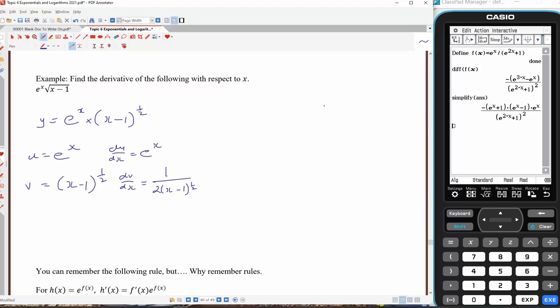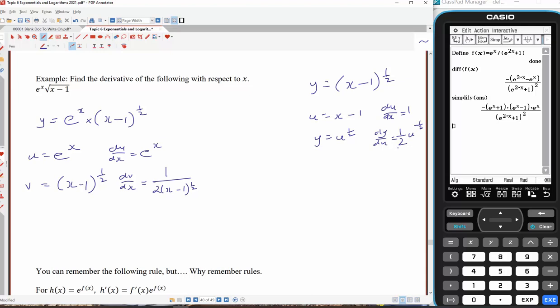All right, and if in doubt, y equals x take 1 to the half, u equals x take 1, y equals u to the half, du dx, I'm using the chain rule here if you hadn't noticed, dy du equals half u to the negative a half.